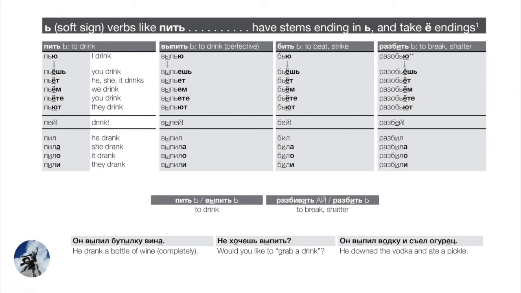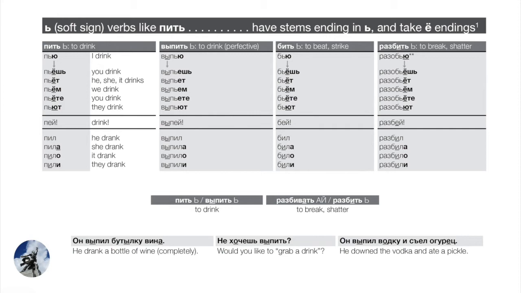Now here we're supplying a mobile vowel in between the prefix and the бить. So that's another slightly unusual feature of this verb. Разобью, разобьешь, разобьет, разобьем, разобьете, разобьют. Now in the past tense, we don't have that mobile vowel. So we simply have разбил, разбила, разбило, разбили.